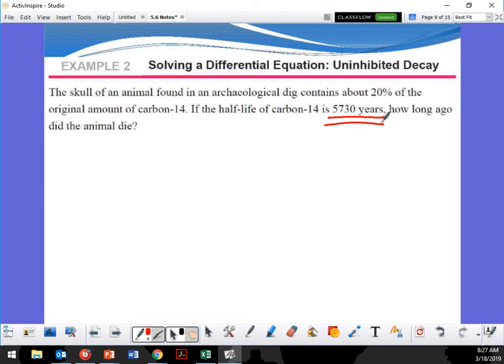Okay, so I know at some time t, I'm going to have 20%, which should be 0.2. 0.2 is going to be left, 0.2 times whatever my amount is. So watch, I'm going to make this a little bit easier. So 0.2 times A sub 0.